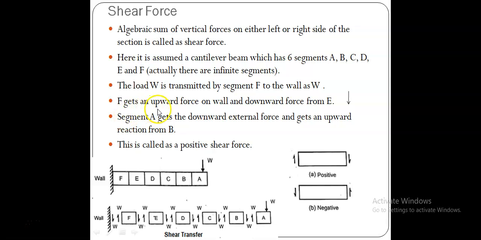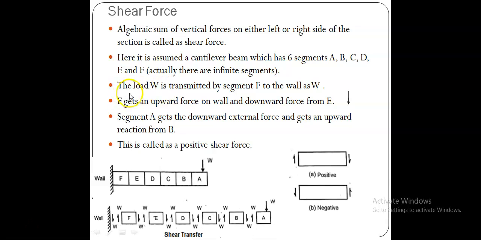Here F gets an upward force from the wall and a downward force from E. The wall is a fixed support which produces equal and opposite reactive forces, and therefore as far as F is concerned, it has a reactive force W in the upward direction, but from E it has a downward force.